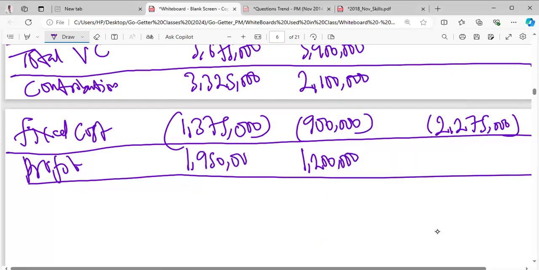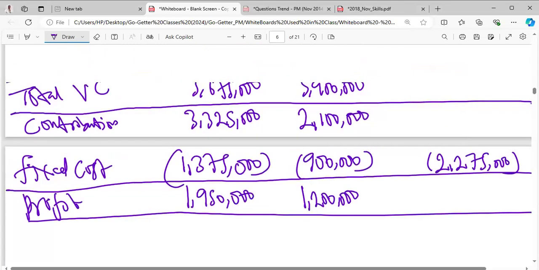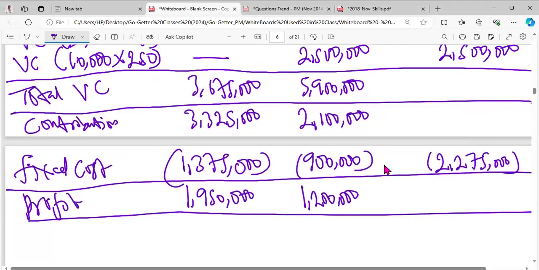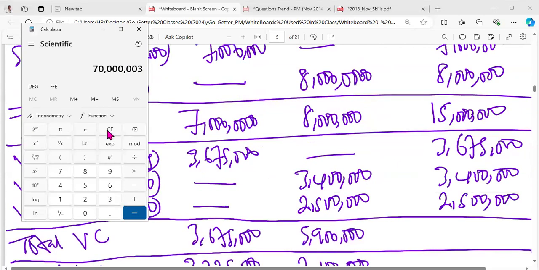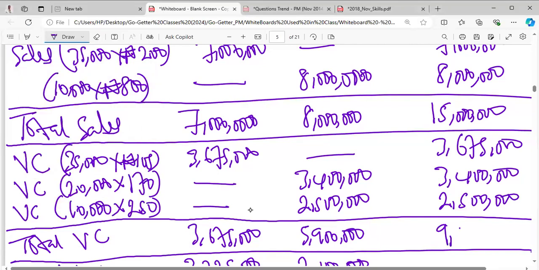1,950. Okay, so let's do the last one, which is that of the group. The group has 3,675 plus 3,400 plus 2,500. That gives us 9,575. So this is your total variable cost.